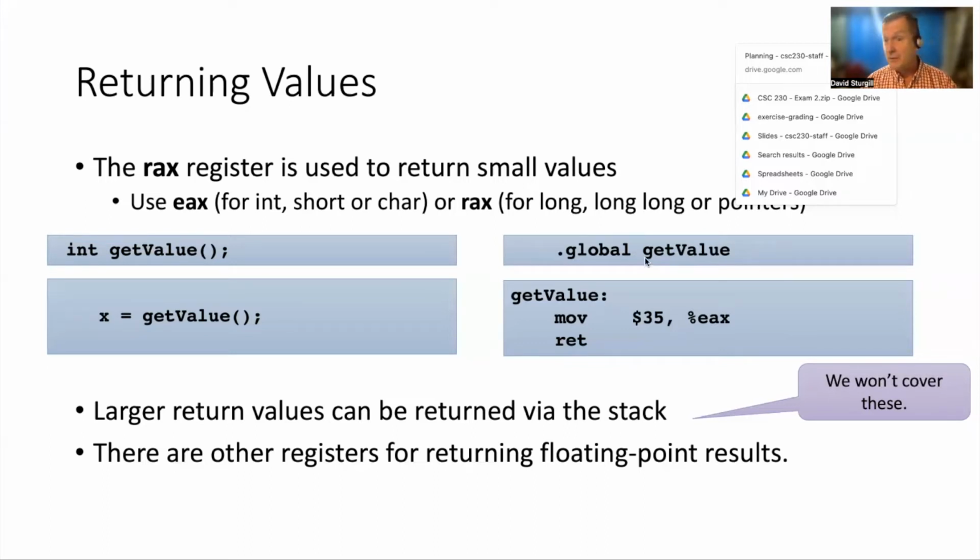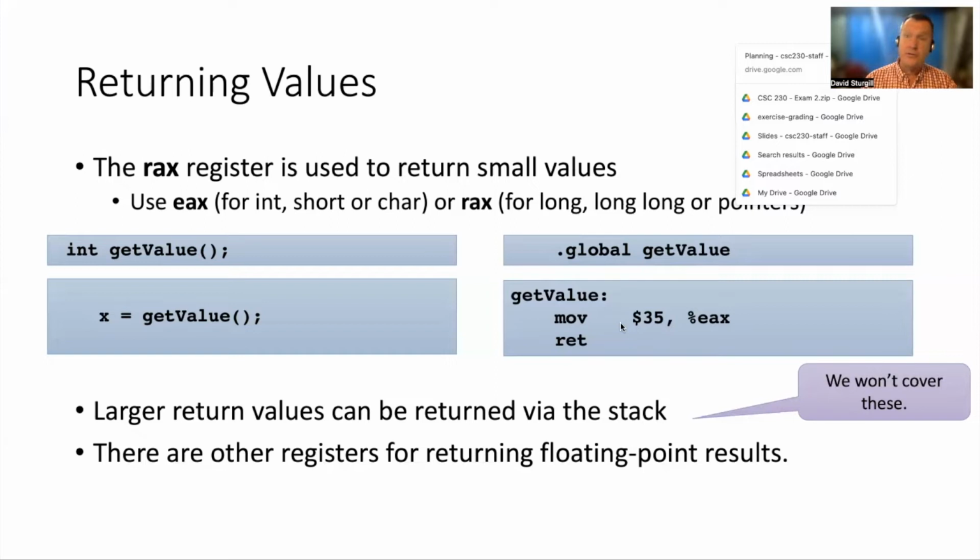We have to make it available outside this compilation unit with a .global directive. And then inside the function, we just need to make sure whatever value we want to return, we put in the AX register. Here I'm returning an integer, a 32-bit int, so I can use the low part of that register, EAX. This talks about how to return values.